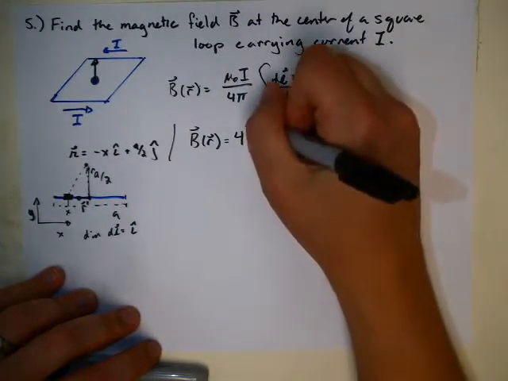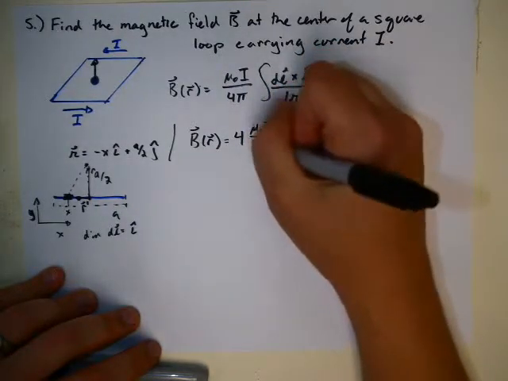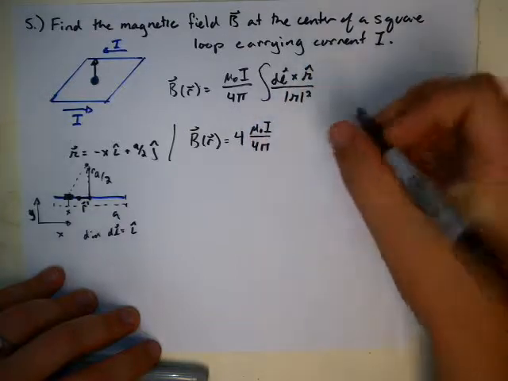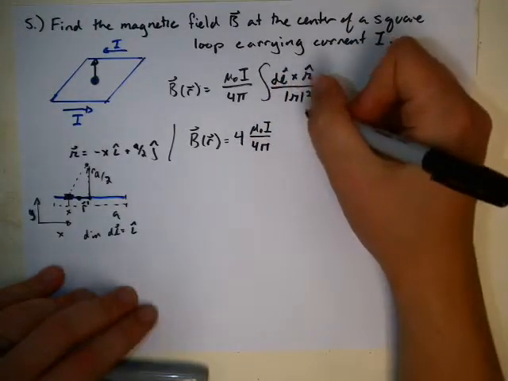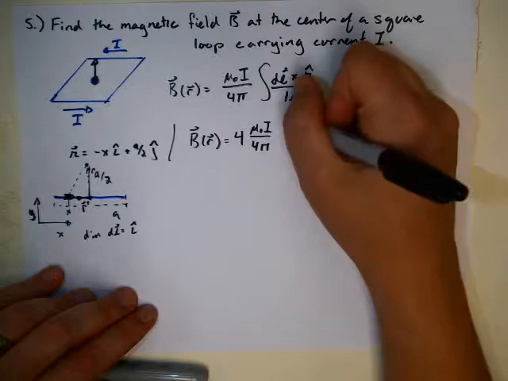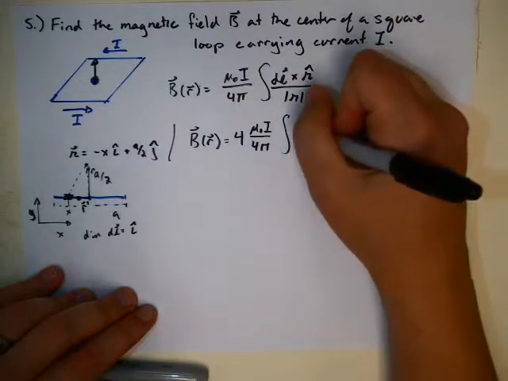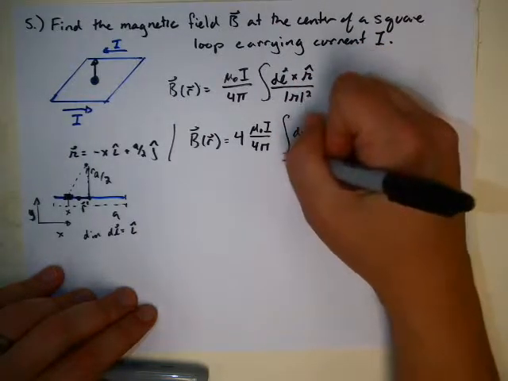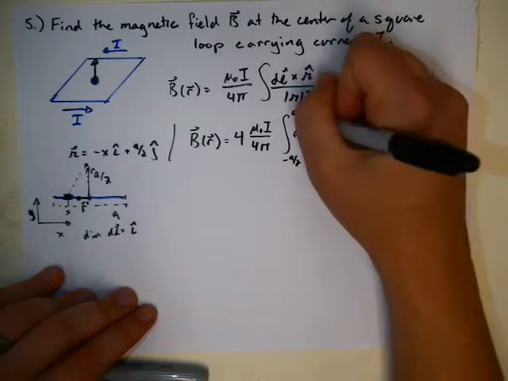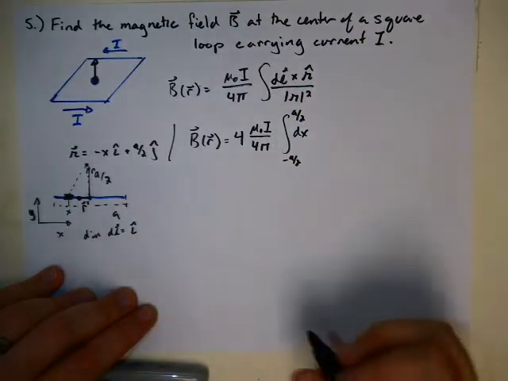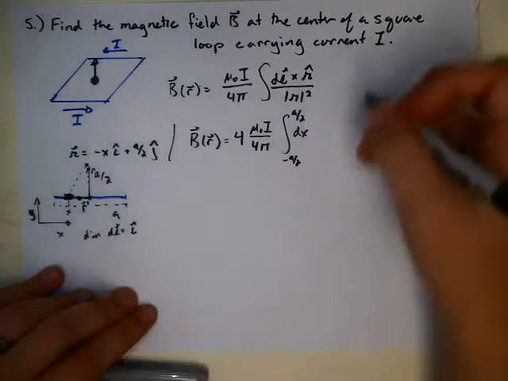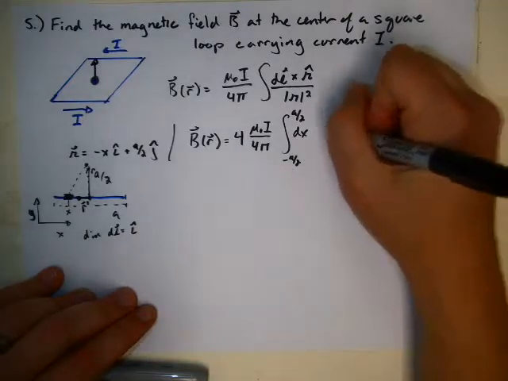And then mu naught I over 4 pi times an integral over dx, where dx goes from minus a over 2 to positive a over 2. And in the numerator, I'm only going to get an a over 2.